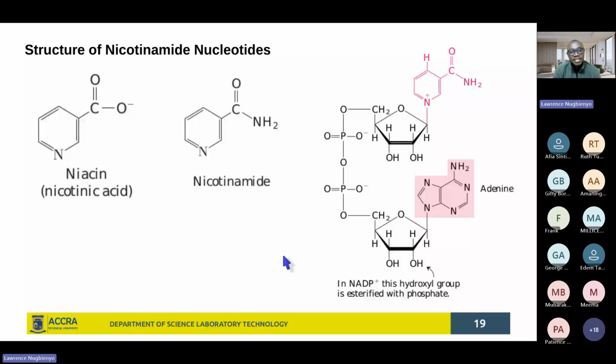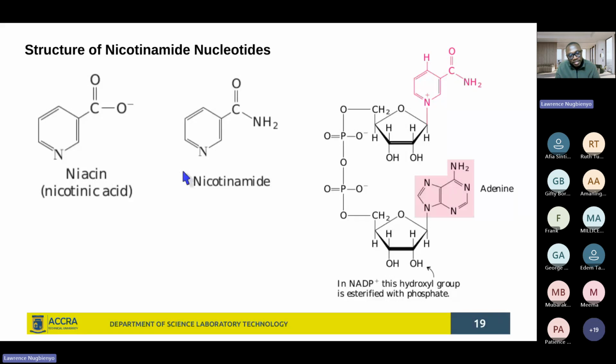Those are nicotinamide. No, FAD will be flavin, but nicotinamide will be those NAD, NADH, NADPH. So we're taking a look at the nicotinamide nucleotides. And we saw already that this comes from the vitamin niacin, nicotinic acid, one of the vitamin Bs.